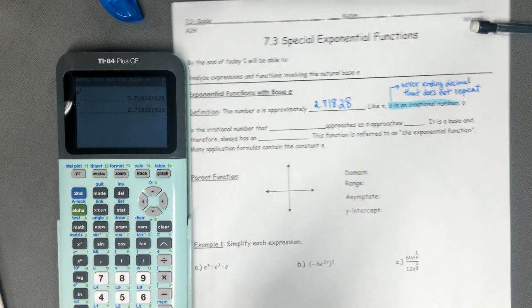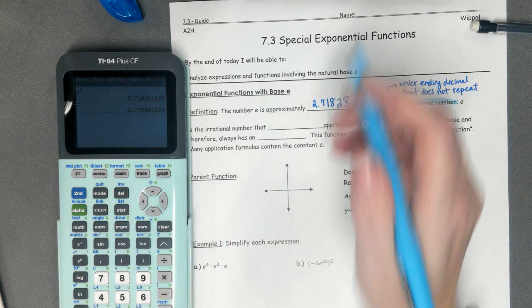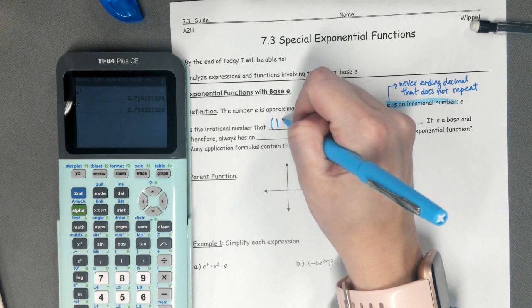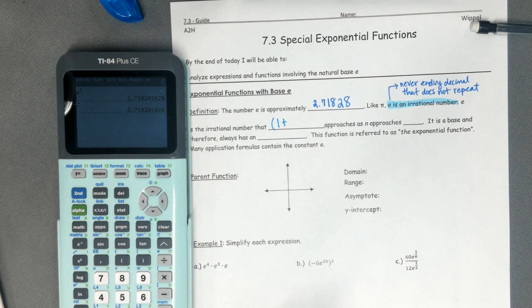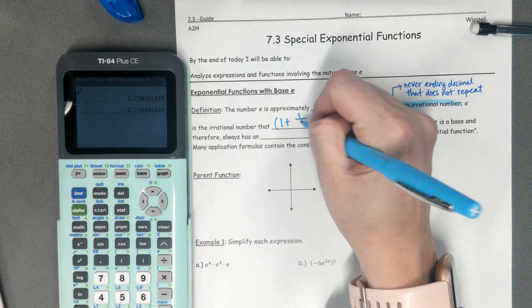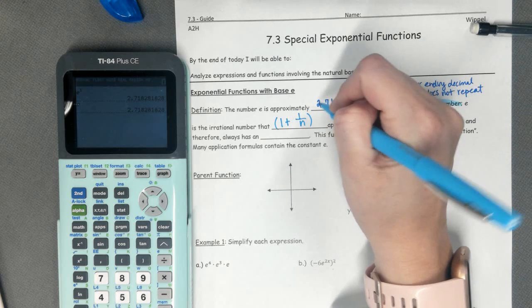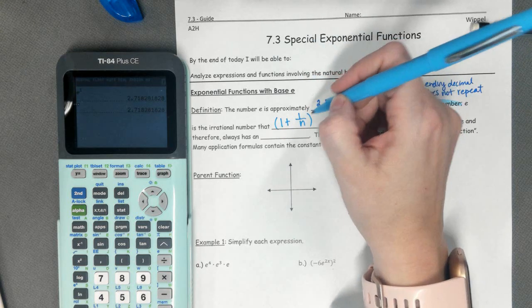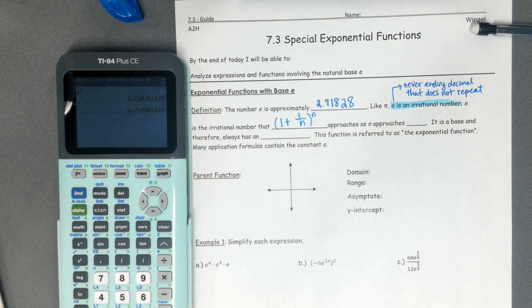So e is the irrational number that you can find when you evaluate 1 plus 1 over n to the power of n. Okay, so kind of similar to our formula that we talked about when we were compounding interest.